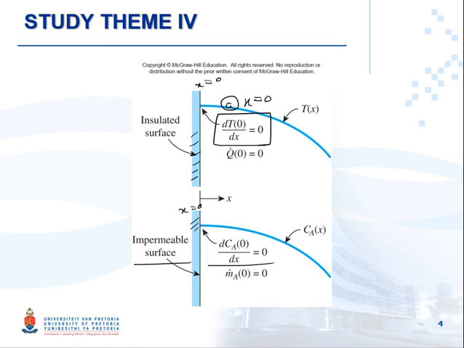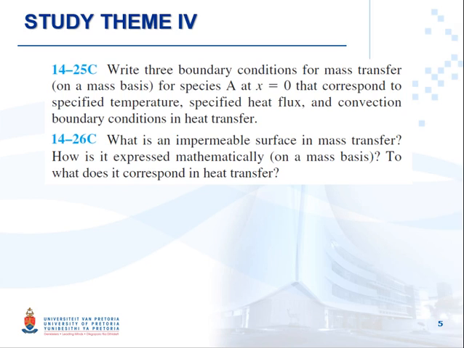But in order to understand it a little bit better, let's solve two examples and see how we can get it right. So the first question is asking: write three boundary conditions for mass transfer on a mass base for species A at x equal to 0 that correspond to a specified temperature, a specified heat flux, and convection boundary condition in heat transfer.